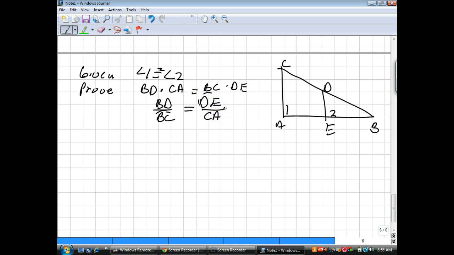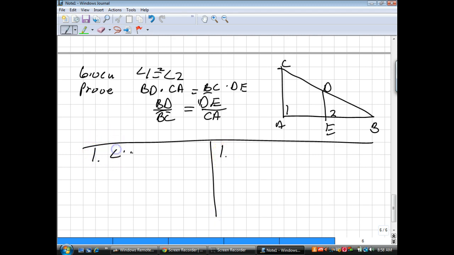Okay? All right, so first of all, we need to prove that the triangles are similar. So we have angle 1 is congruent to angle 2. That's given. And number 2, angle B is congruent to angle B by reflexive.